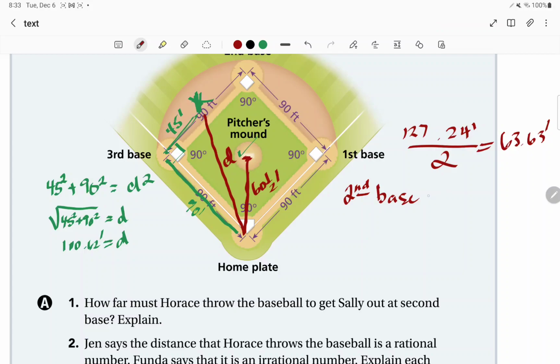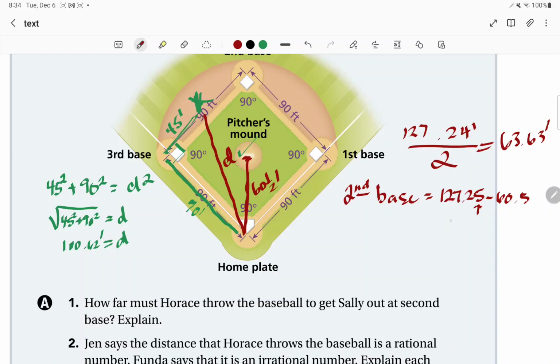All right, so to figure out what it is to second base, we know from home plate to second is 127.24. Then home plate to the pitcher's mound is 60.5, because 6 inches is a half foot, so that's why it's 60.5. And so we're going to go ahead and subtract those. And I forgot, this was a 4. I changed it to a 5 because it is point.